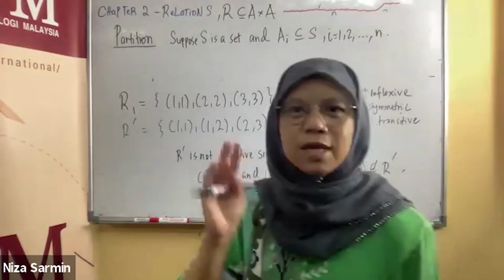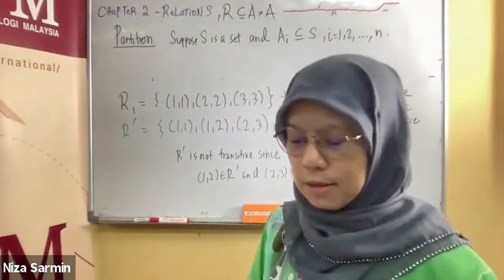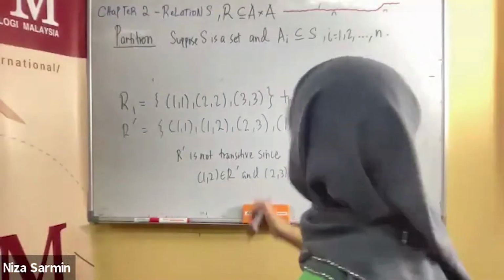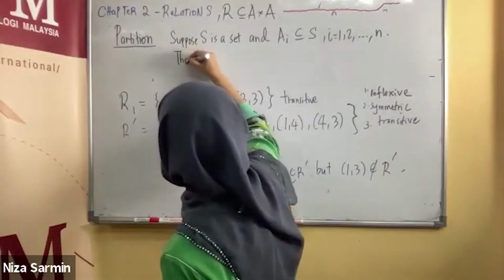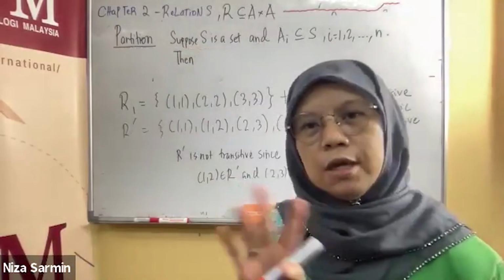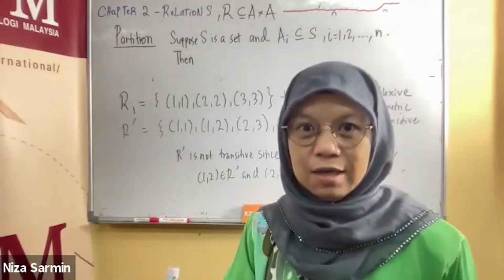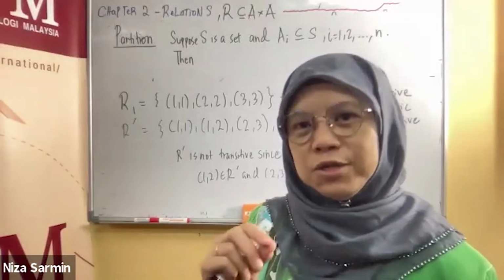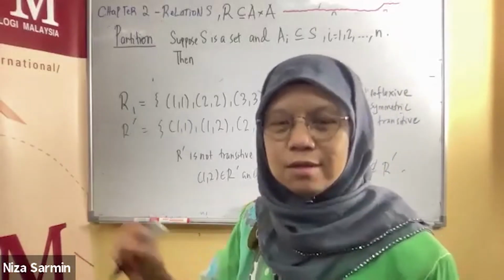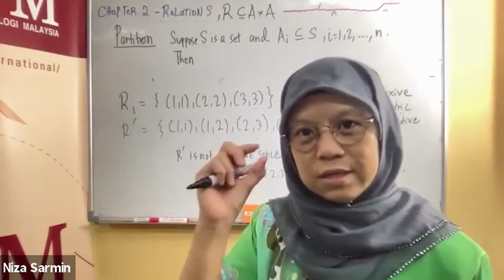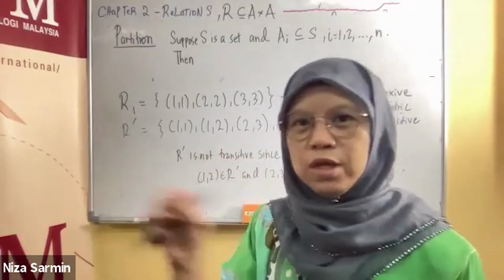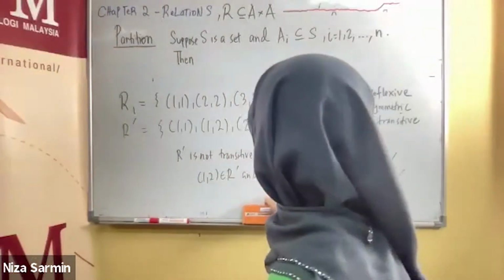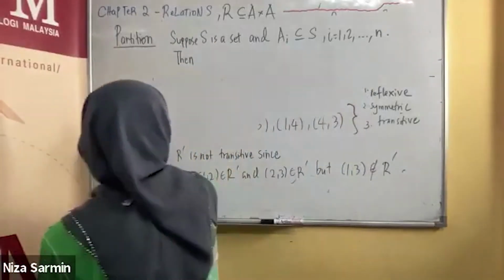So you have A1, A2, A3 until An subsets. Normally when you see a definition with if then, it actually means if and only if. But people will just write if or then. If that is the word definition, that means you can go either way, if and only if actually.